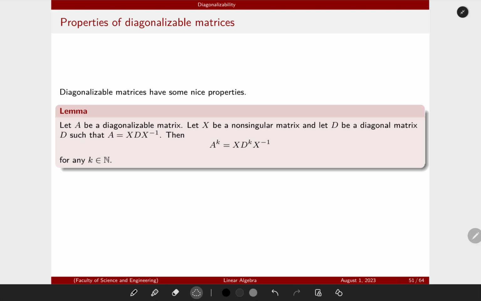Of course, if you have a normal matrix that is not diagonalizable, to compute A to the k, you have to multiply A by itself k times, which is quite a hassle.